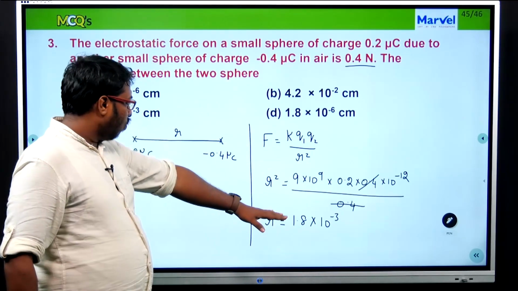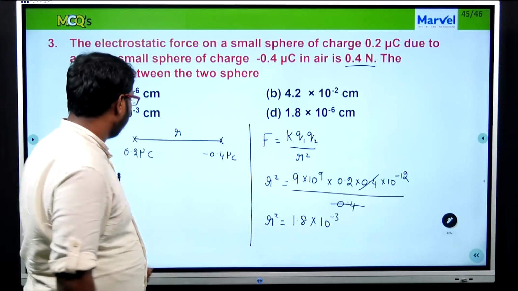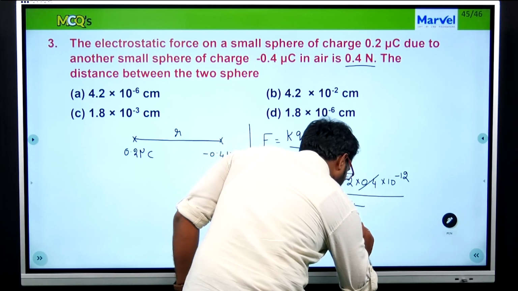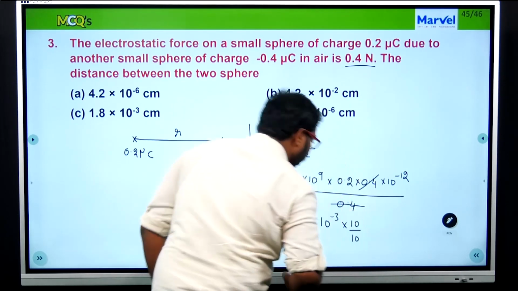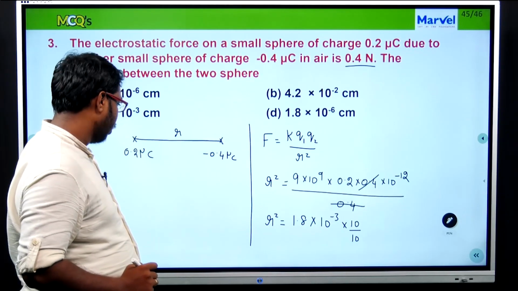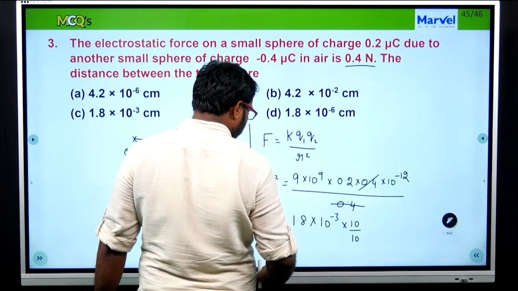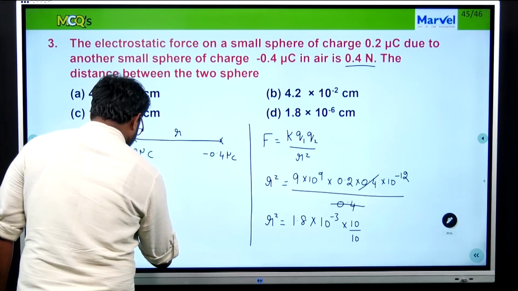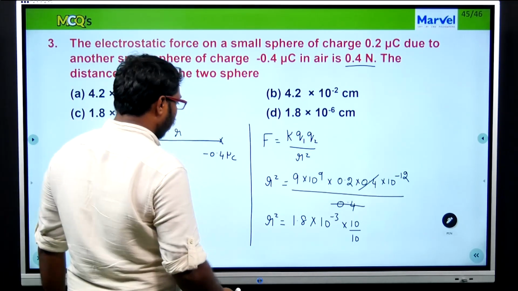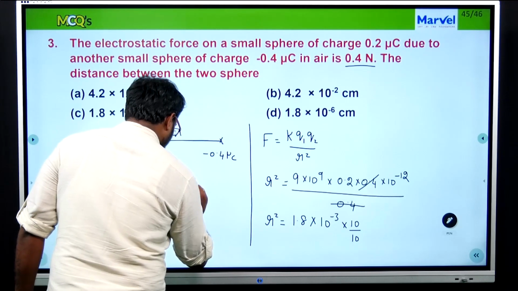So now what we have to do is take the root on both sides and finish it off. Before taking the root, I can say 10 divided by 10, so this 10 will join with this and it becomes 18 into 10 power minus 3 by 10, which is 10 power minus 4.